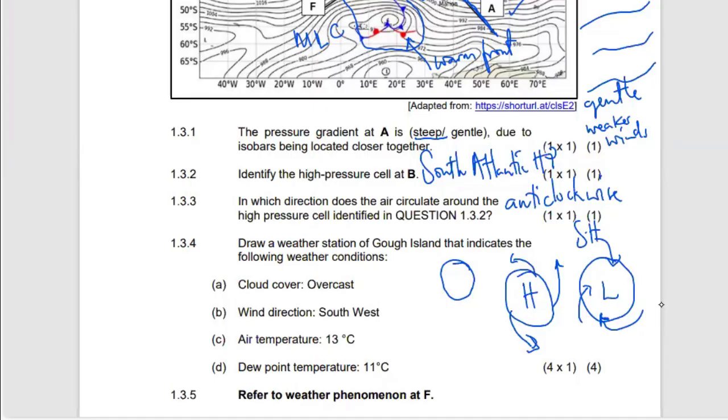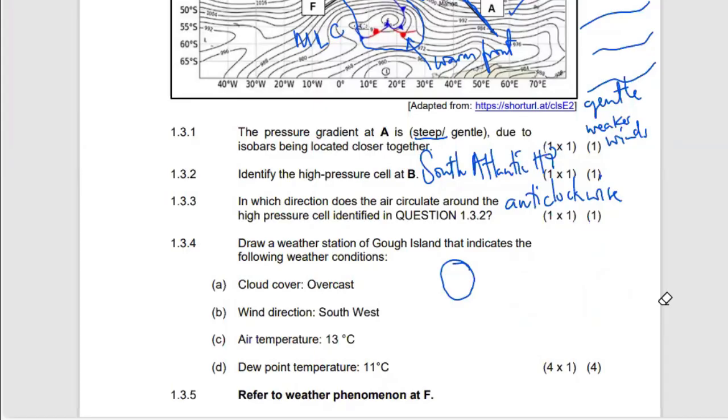You must always note that cloud cover is presented as a fraction of 8, which is what we also call octants. So if half of the sky is shaded, it's going to be half, which is 4/8 or 4 octants.